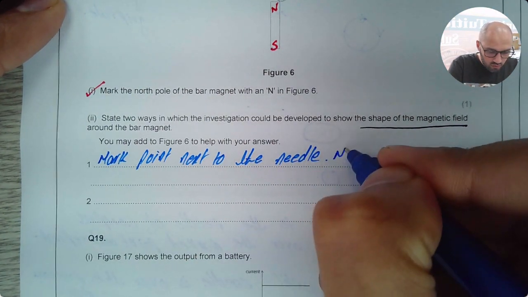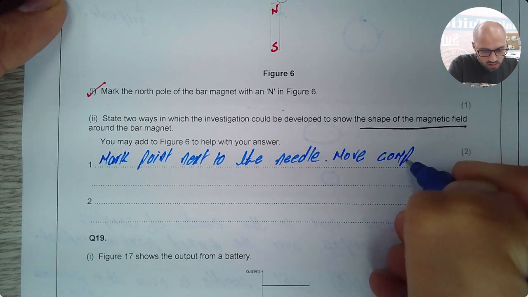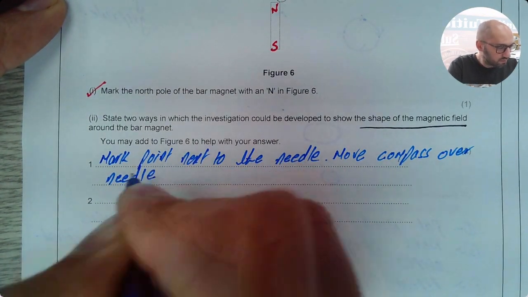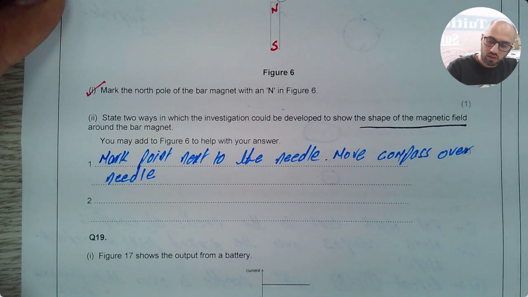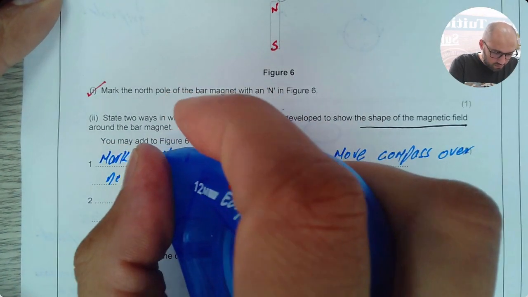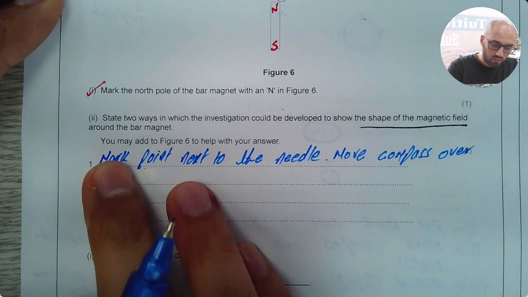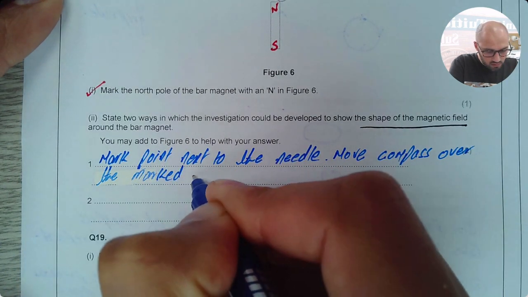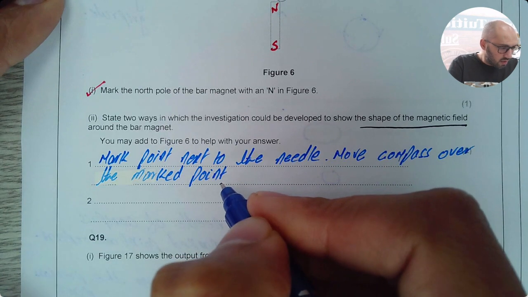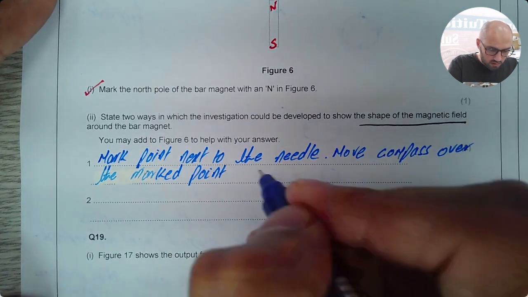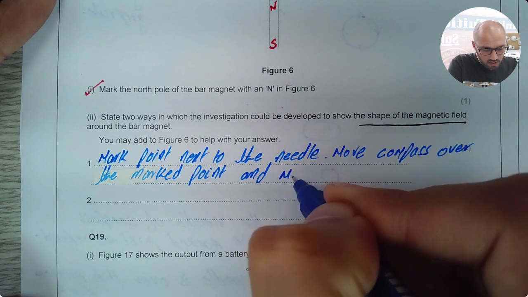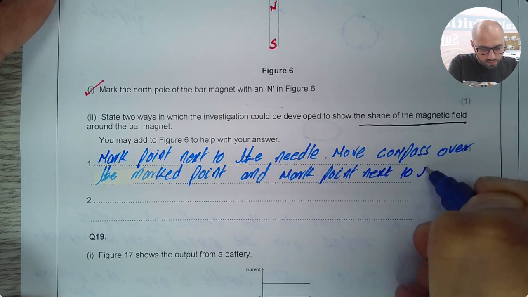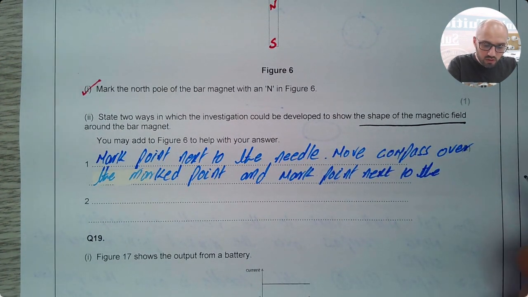Then you will move compass over the needle, move compass over the marked point and mark point next to needle again.